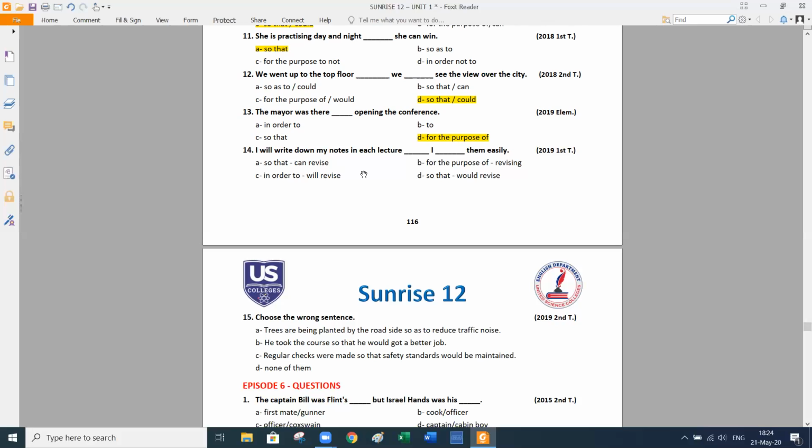Can is present, would is past. I look at the sentence. I will write down. Future is used. I will write down my notes. So can, we use the present form of modal verb can when we talk about present or future as well. So our answer will be A.